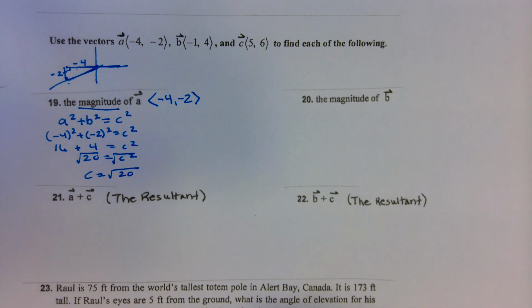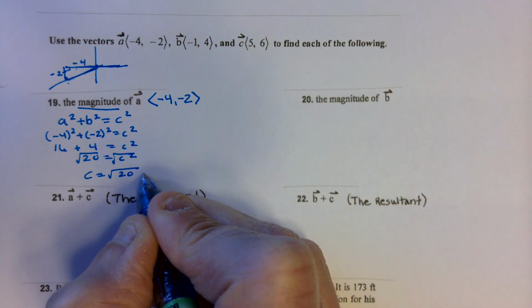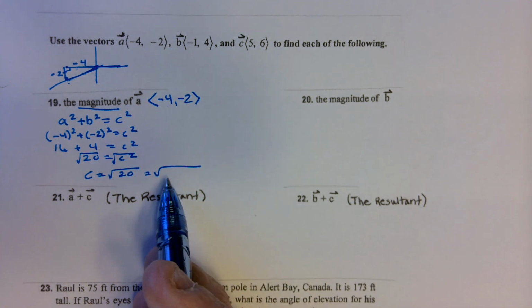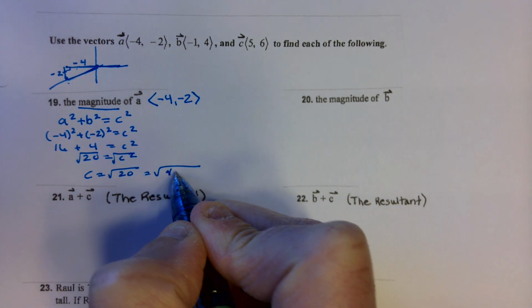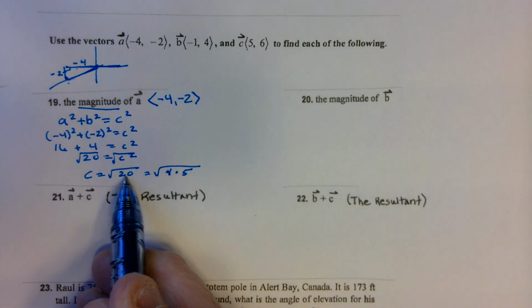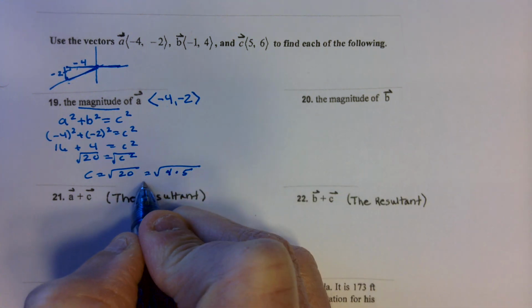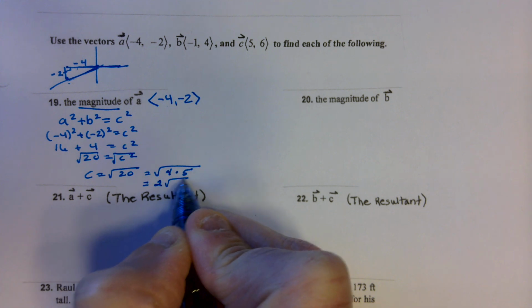And then you always have to put it in simple radical form. So I'm going to think about what that can break down into. Perfect squares again. 4, I hit it right away. 4 times 5 is 20. Square root of 4 is 2. So that breaks out. The 5 stays in.